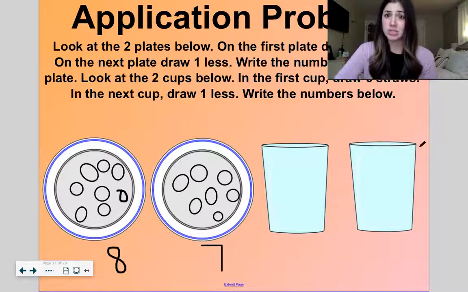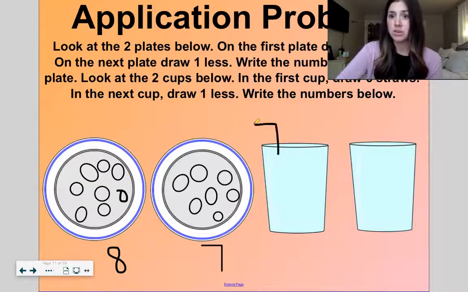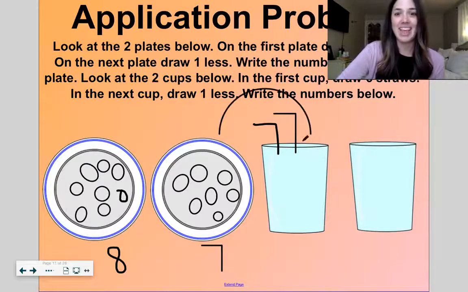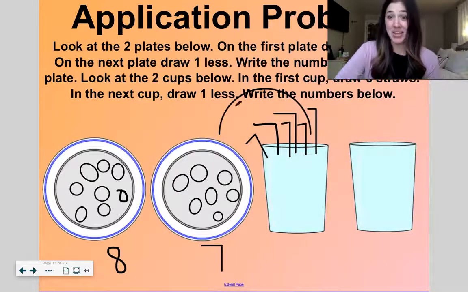Now look at these two cups. In the first cup, let's draw 6 straws. 1, 2, 3. Whoa, that's a silly straw. 3, 4, 5, 6. Okay, I'm not going to count this half circle here as a straw. 1, 2, 3, 4, 5, 6.